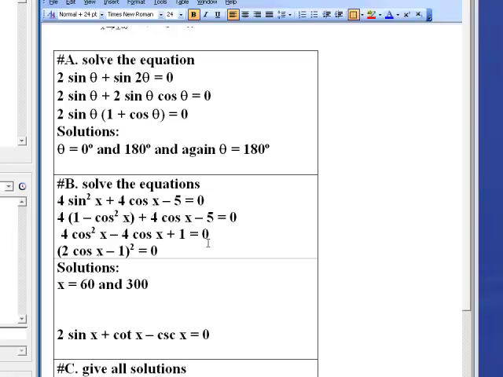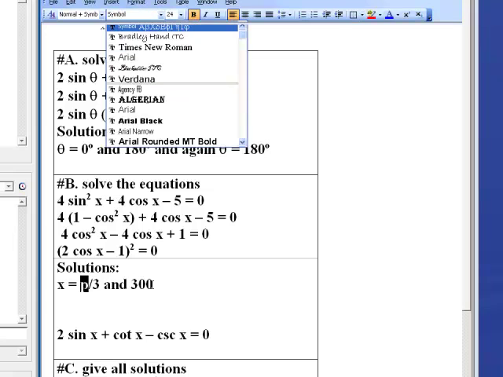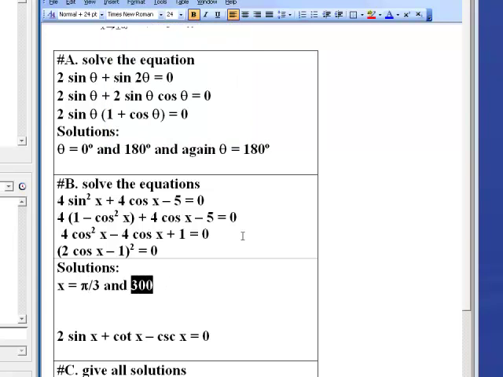Oh, and then by the way, we're supposed to be in radians. So 60 degrees comes out to pi over 3, and 300 degrees comes out to 5 pi over 3. And I double check that with the solutions. And that is indeed correct.